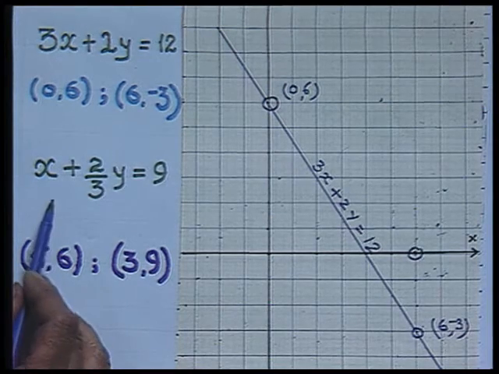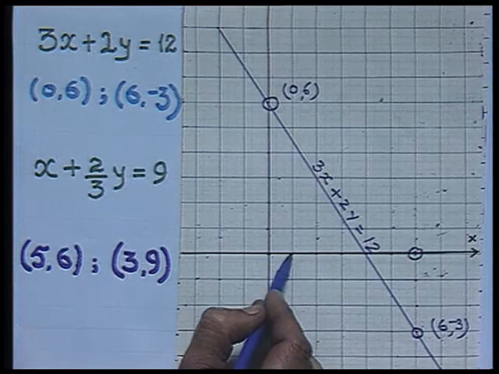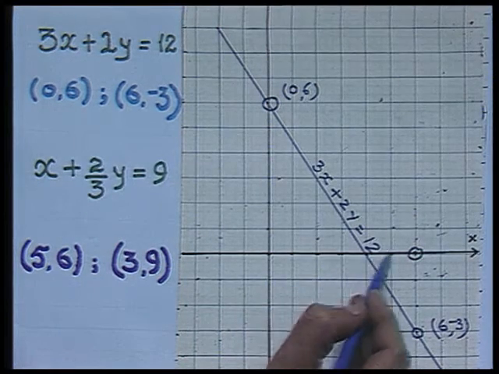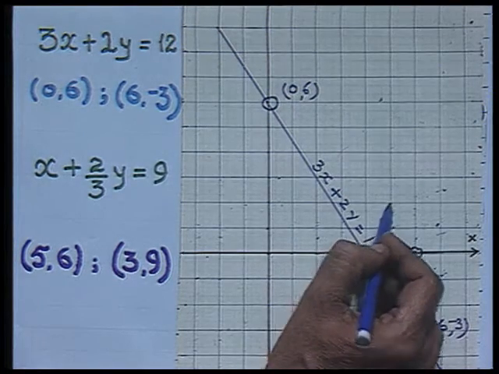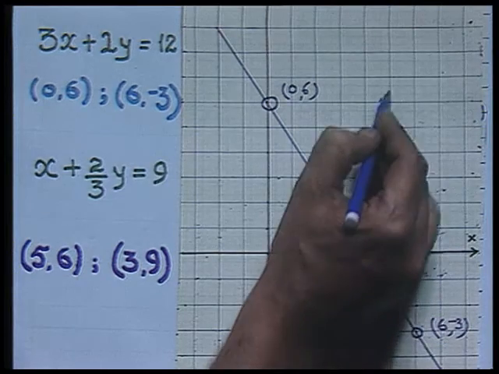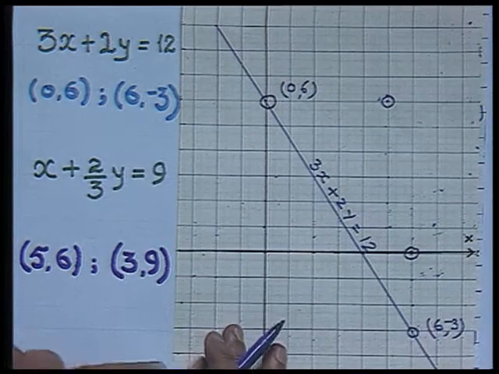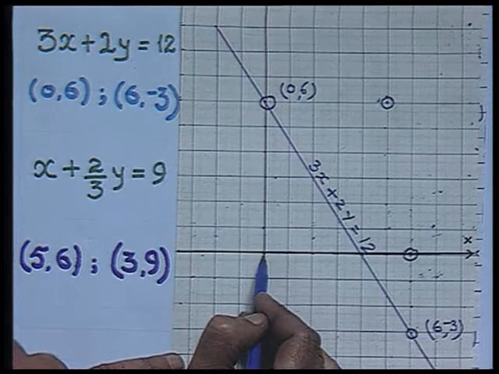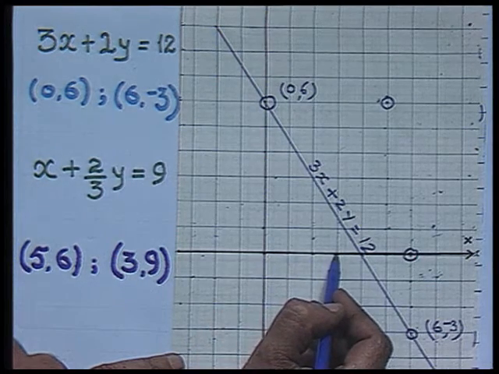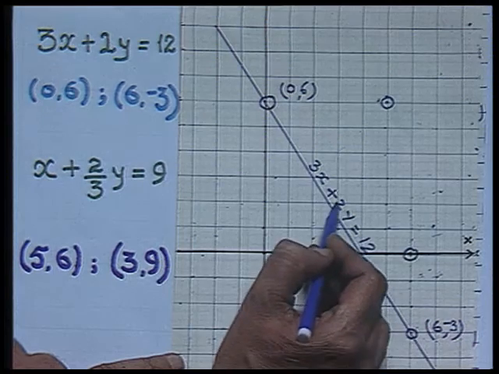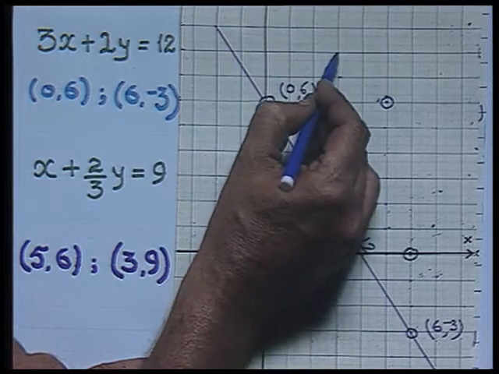Now let's plot the ordered pairs for the second equation. They are (5, 6). 1, 2, 3, 4, 5, and 6 units I will have to move up. This is the one point, and the other point is (3, 9). 3 units to the right of the origin, 1, 2, 3, and 9 units I will move up, 1, 2, 3, 4, 5, 6, 7, 8, 9.